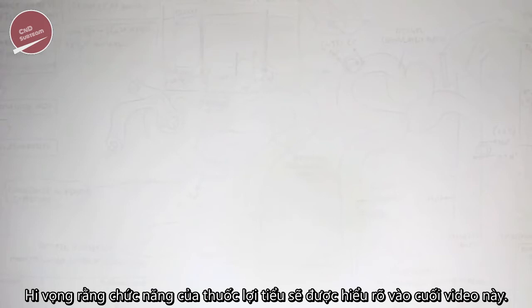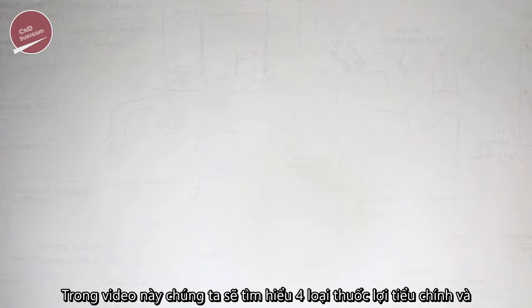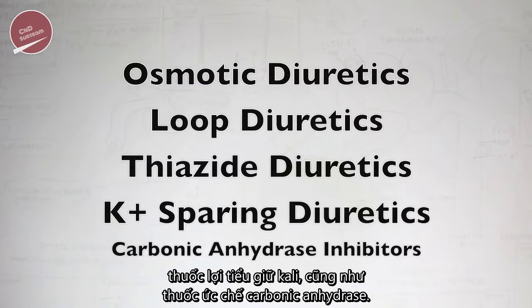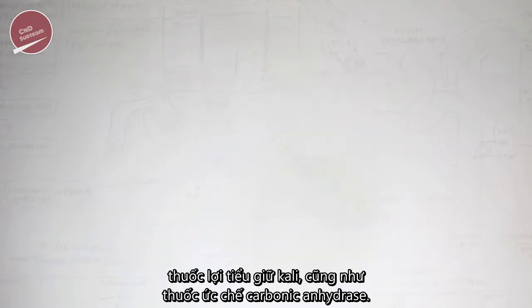Hopefully the function of diuretics will make sense towards the end of this video. In this video, we're going to look at 4 main types of diuretics and another additional one. We will look at osmotic diuretics, loop diuretics, thiazide diuretics, and potassium-sparing diuretics, and also the carbonic anhydrase inhibitors.